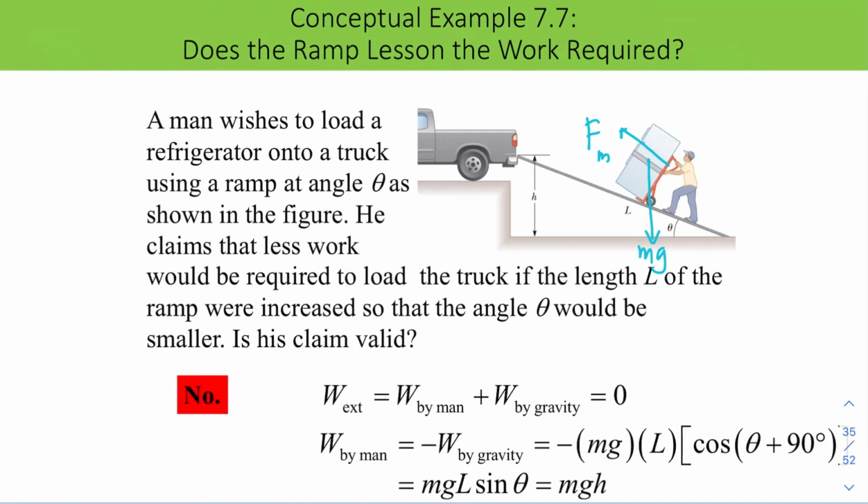So the net external work is 0. Now if we rearrange this equation, W by man is equivalent to negative of W by the gravity, or weight, which is mg L, because the distance traveled by the refrigerator is the length of the ramp, L. That is the displacement experienced by the refrigerator. So it's weight times L cos(90 plus theta). Why is it so?